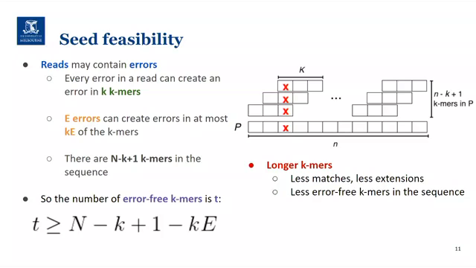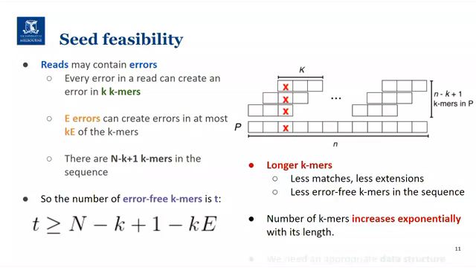So we need to balance them out. But as we increase k, the potential number of mappings we need to do increases exponentially with its length, so 4 to the k, where k is the size of the k-mer. It's something we need to bear in mind when selecting this, and this has to do with choosing an adequate data structure for the indexing.